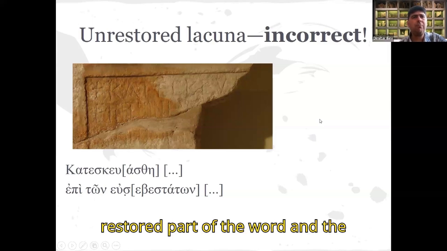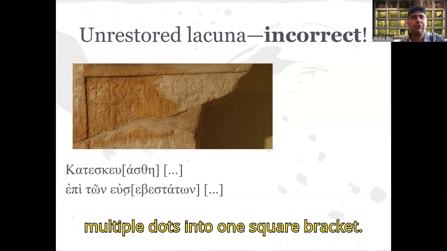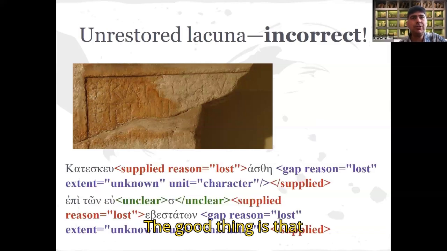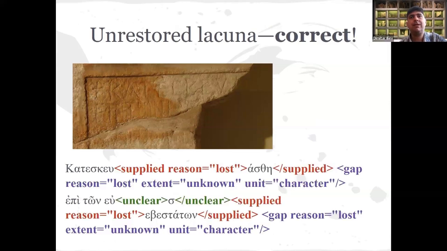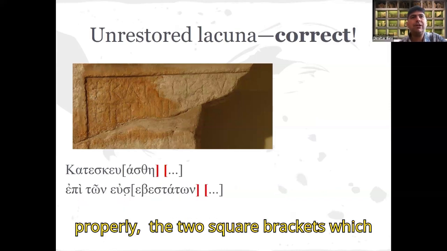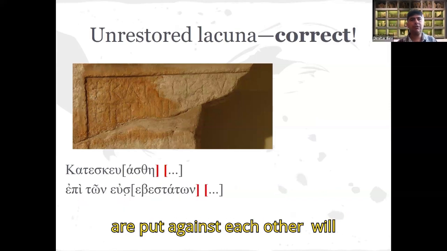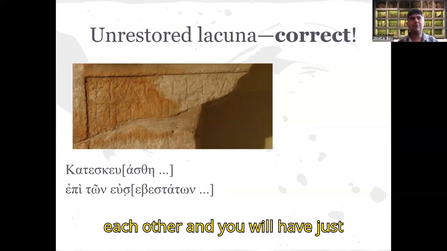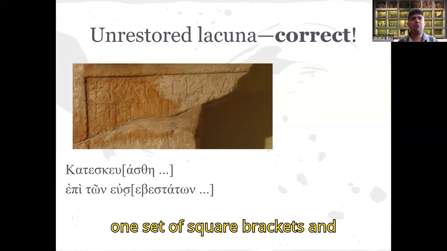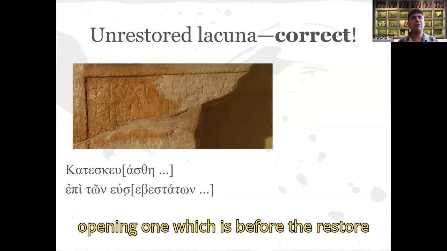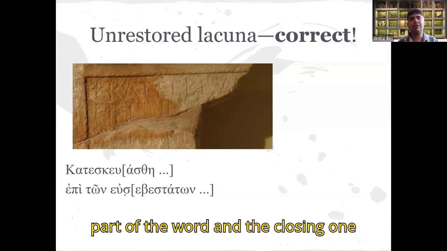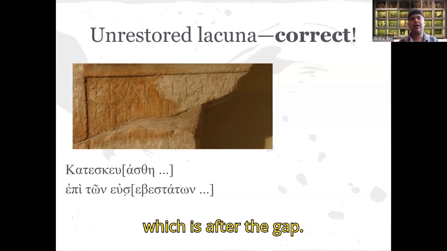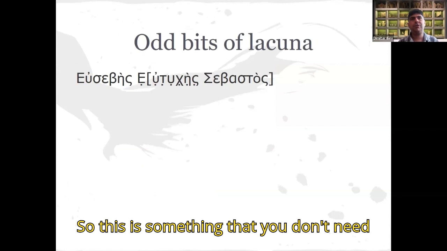You want to get the restored part of the word and the multiple dots in one square bracket. The good thing is that if you encode it properly, the two square brackets which are put against each other will eliminate each other, and you will have just one set of square brackets, an opening one which is before the restored part of the word, and the closing one which is after the gap. So this is something that you don't need to deal with.